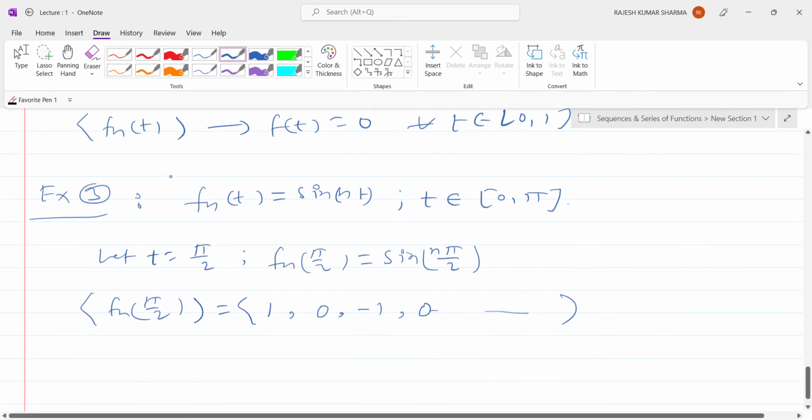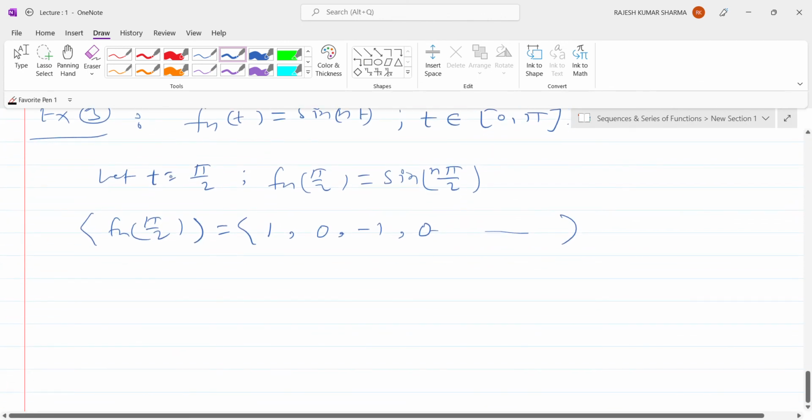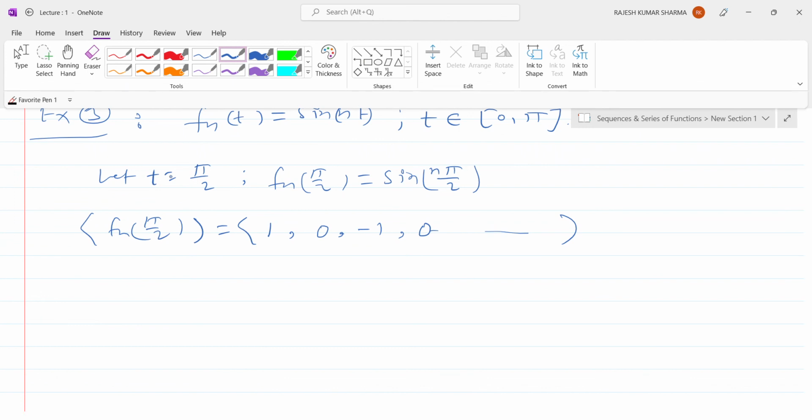This sequence fn(pi by 2) has 3 limit points: 1, -1, and 0. And we already know if a sequence has more than one limit point, then the sequence is not convergent. Actually, this sequence fn(pi by 2) is a sequence of real numbers, and it has 3 limit points, so obviously it is not convergent.